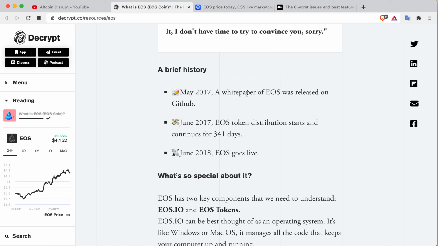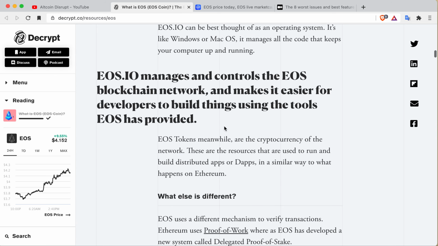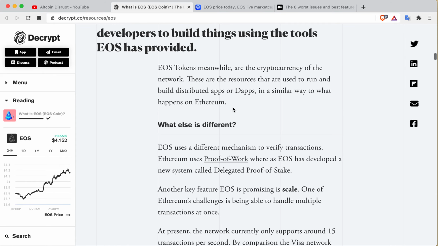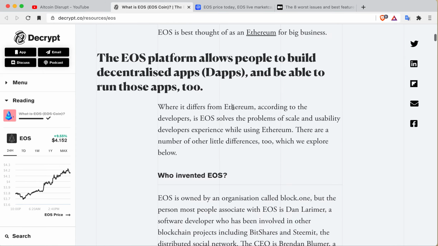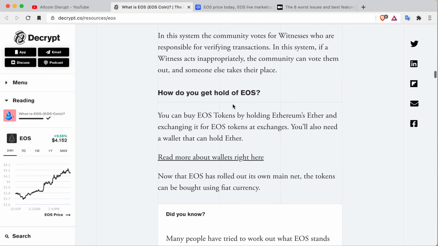They've got 3 history points. A white paper of EOS was released on GitHub in June 2017. The EOS token distribution started and continued for 341 days. In June 2018, EOS goes live. They talk about what's so special about EOS, but they fail to mention that the more EOS you own, the more control you have over the system that runs EOS.